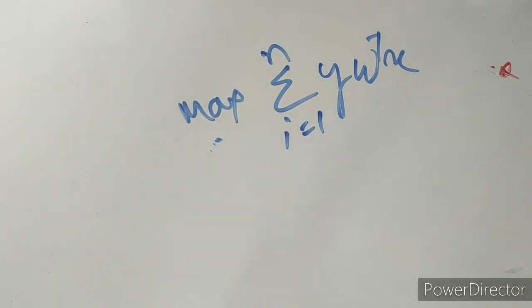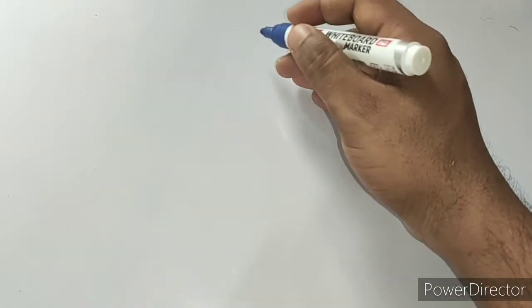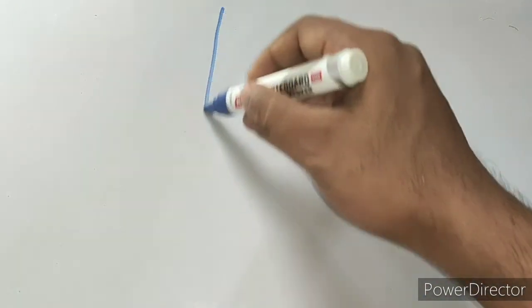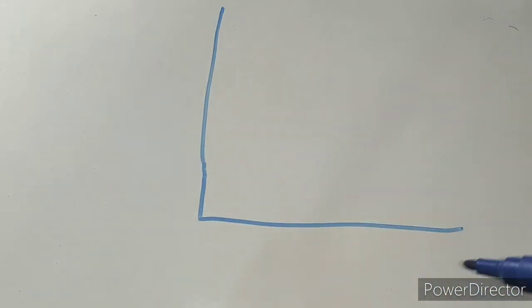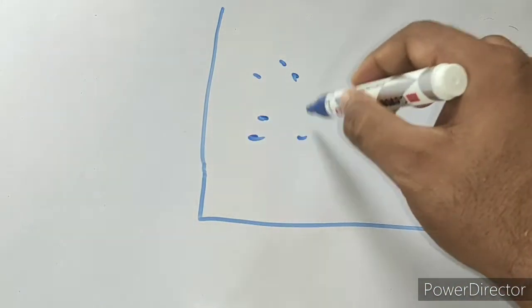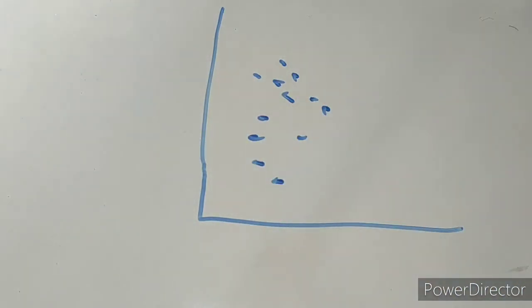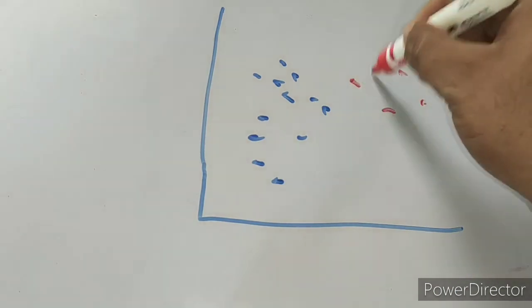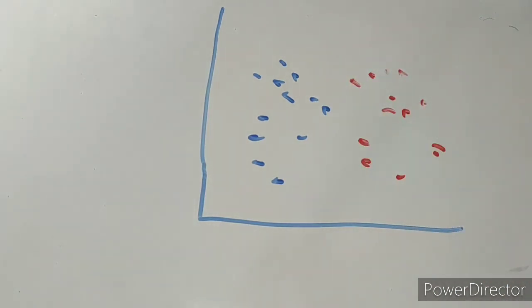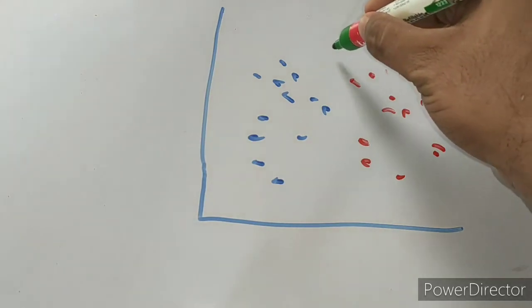So how do we calculate the max value? We have to make the summation, and the maximum value we have to consider. So here, suppose there are data points, and those data points are linearly classified. Now it is linearly classified.